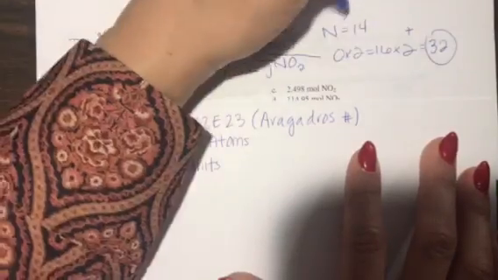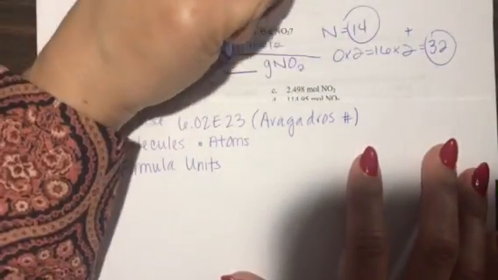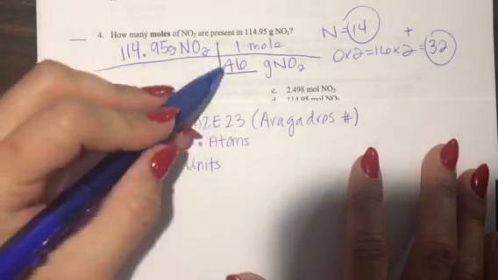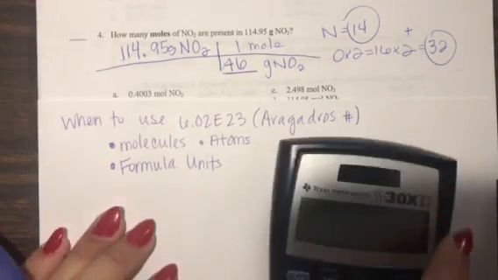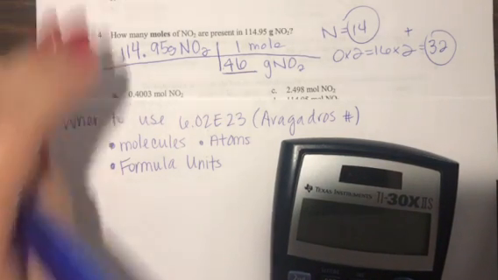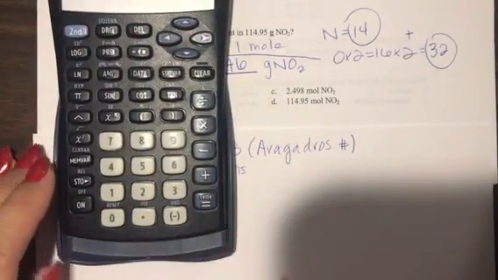You need to add these two together. So you just do 114 divided by 46 to get the answer. This is what comes out in the calculator.